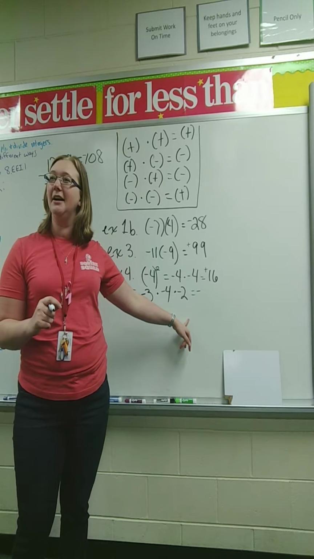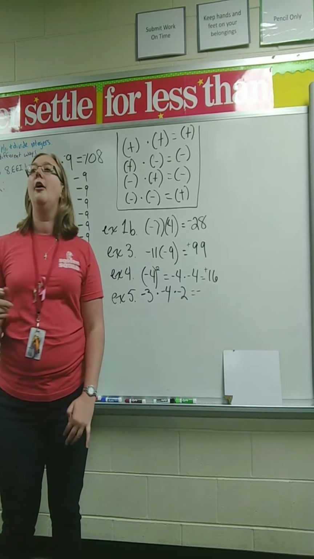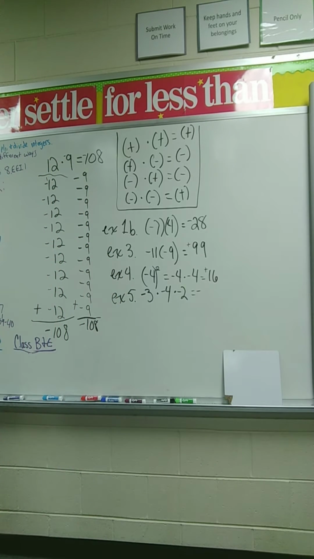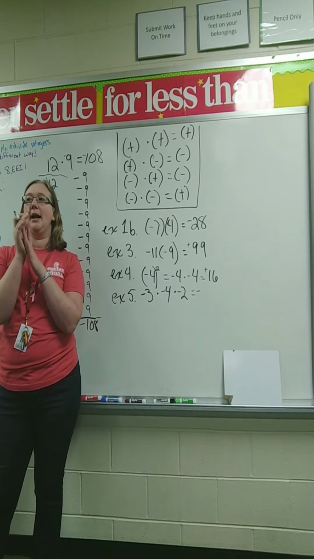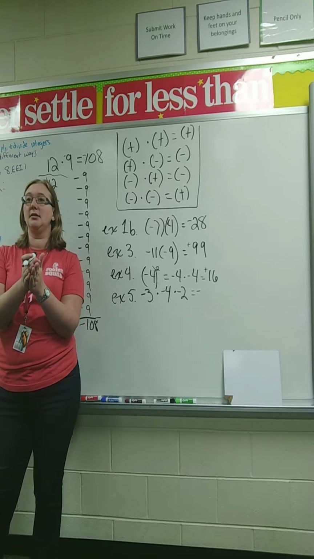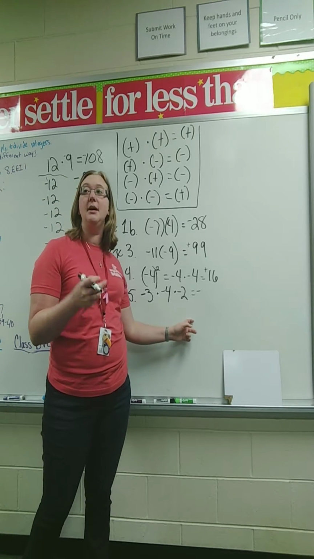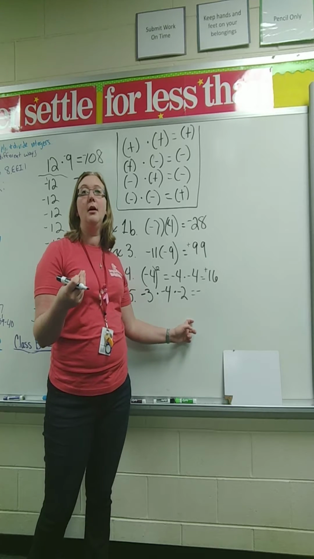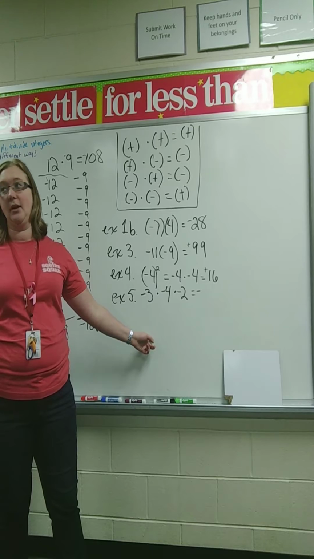On this page, what did you just say? Hold on, listen. This is where I said make sure we're answering the question that's asked. A positive 12 times 2 is 24. The answer to this problem is negative 24.